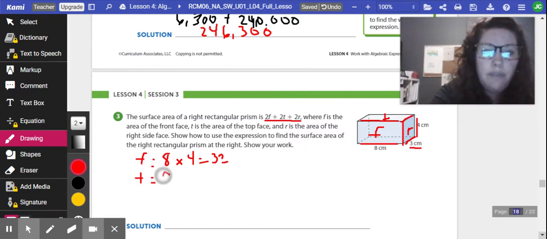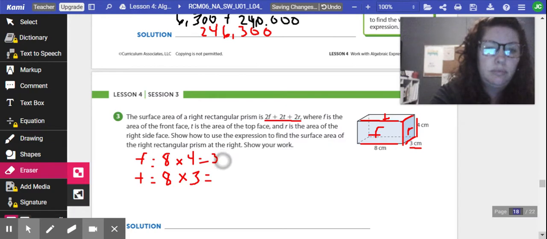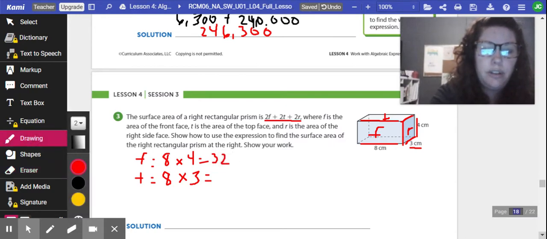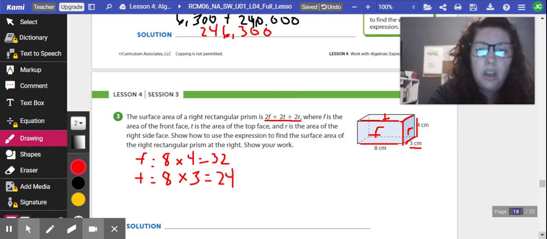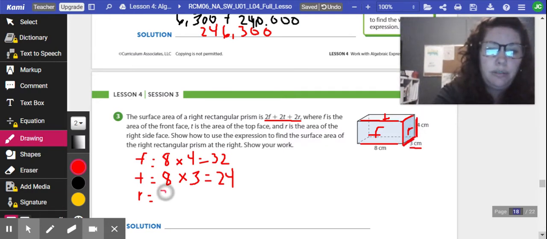So for your top face, you would do 8 times 3, which is 24, right? Okay, and then for our right face is going to be the 3 down here and then the 4 right here. So 3 times 4.